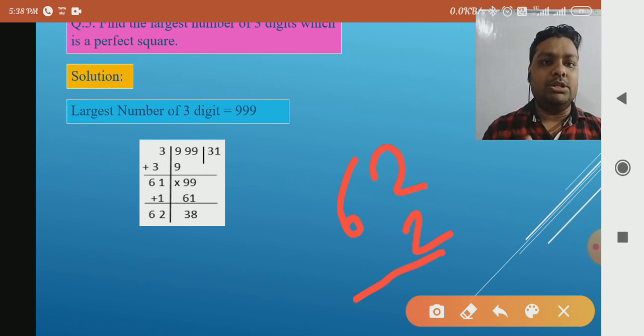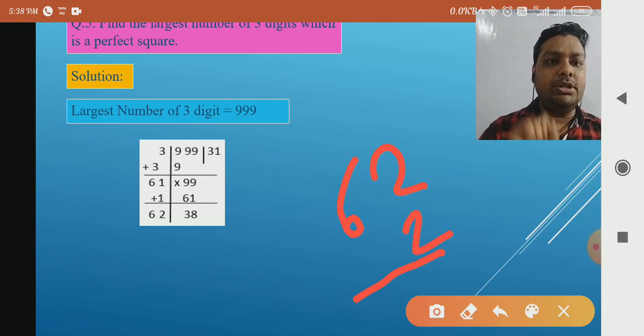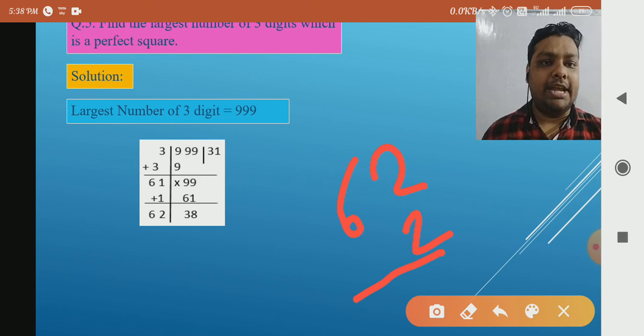So here we will add 61 plus 1 is 62, and 61 into 1 will be 61, which we write just below the 99, just below the second period. So 61, then 9 minus 1 is 8, and 9 minus 6 is 3. The remainder will be 38. Why? Because there is no number after the second period. So only 38 is the remainder and 31 is the quotient.